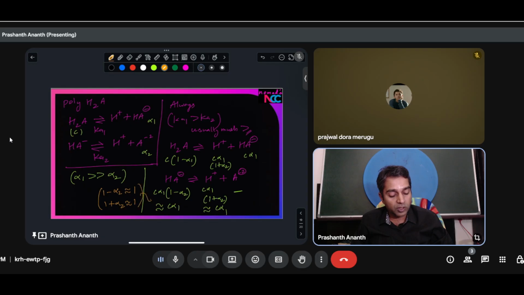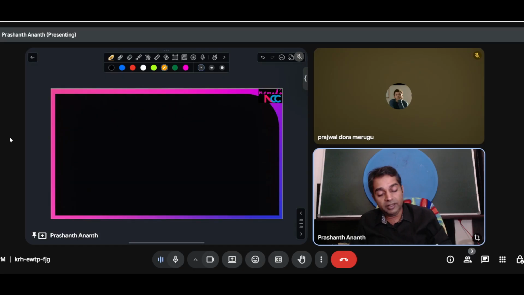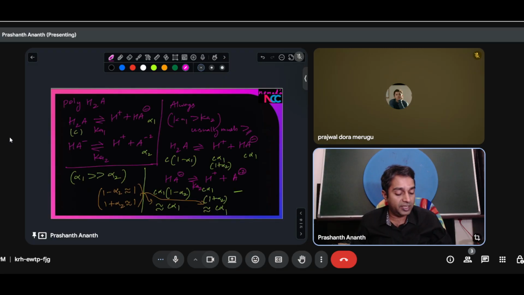So with both of those approximations, I can now write K2, my equilibrium constant for this second equation, as H+ into A2- divided by HA-.